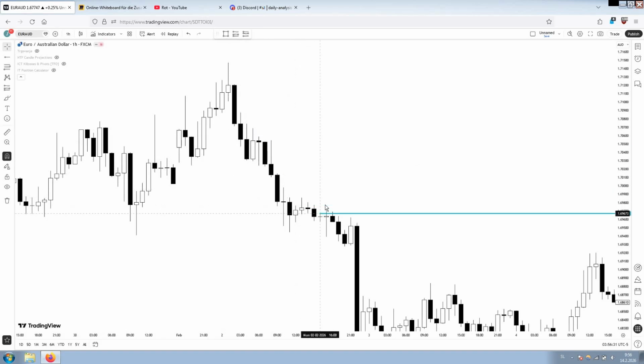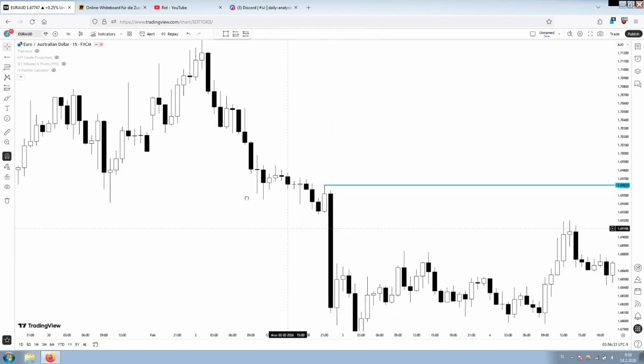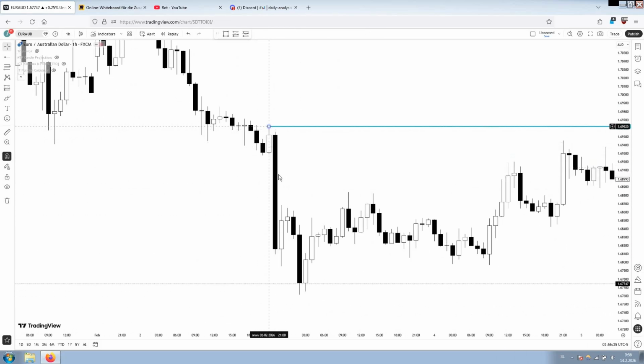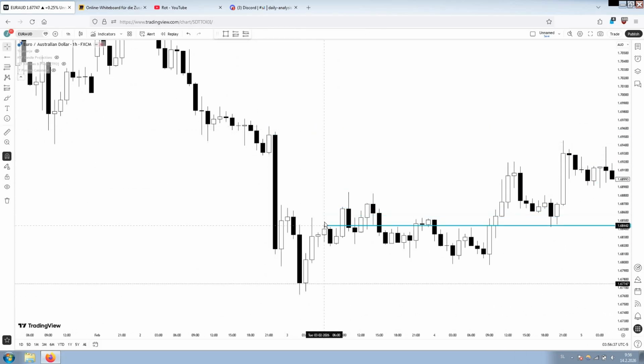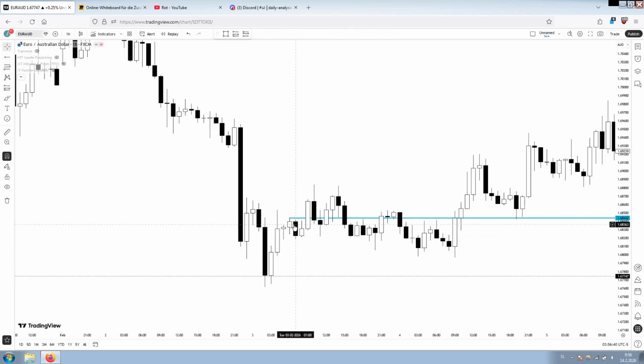Here is a high, high, high, high. Here is the last high before the price body closed above it. So now that we body closed above the most recent high, we entered into a bullish trend. We changed the direction from the bearish one into a bullish one.